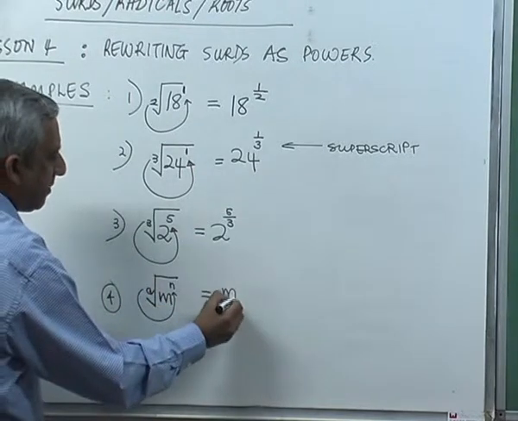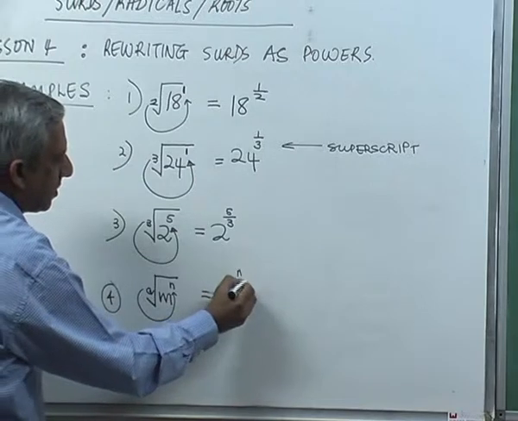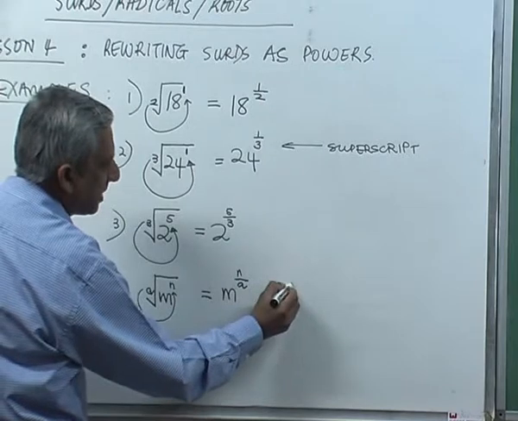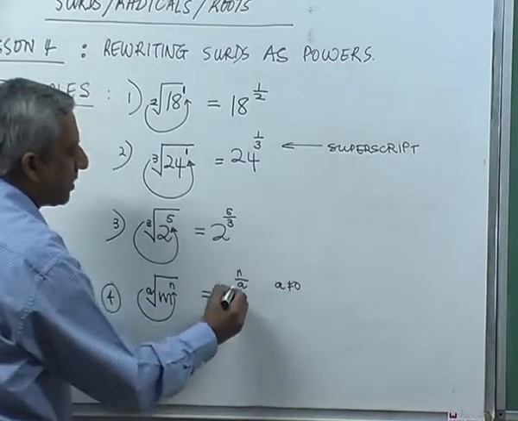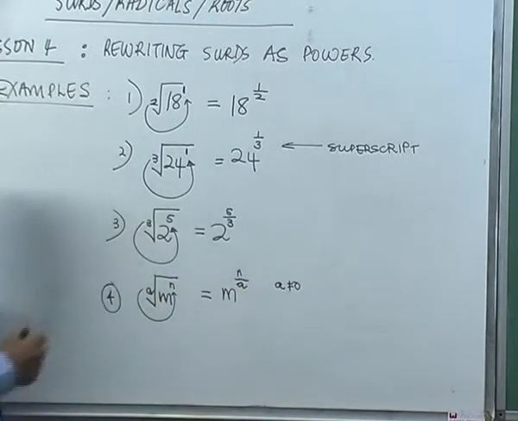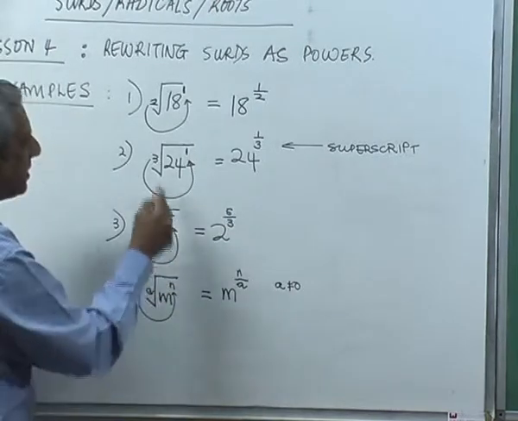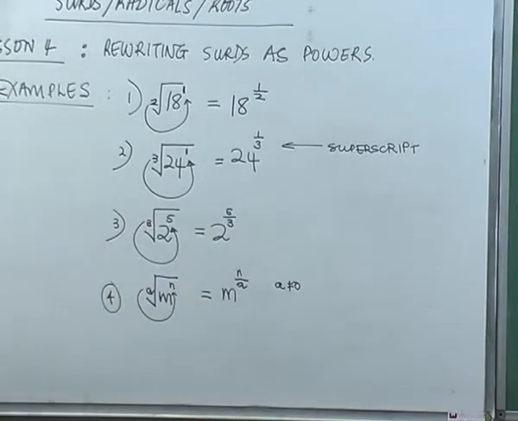So it will become m to the n over A. Of course, you will say that A is not equal to 0 because A represents any number and it cannot be equal to 0. So that's how you convert a surd into a power. Right? So let's give you a little exercise to practice that.